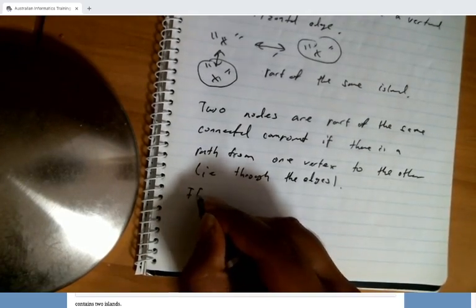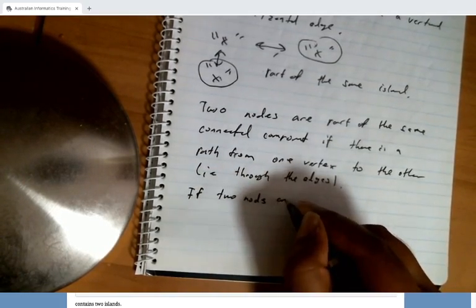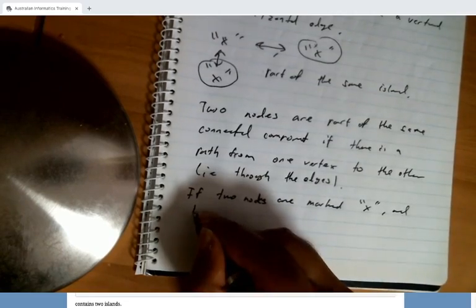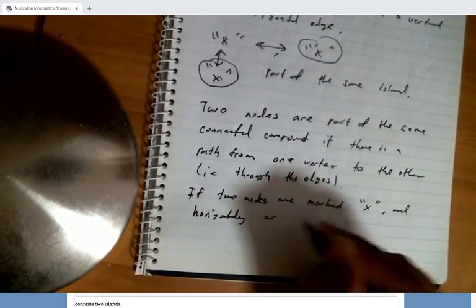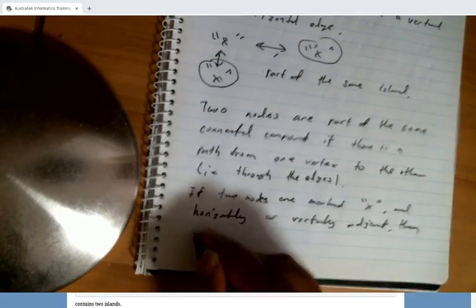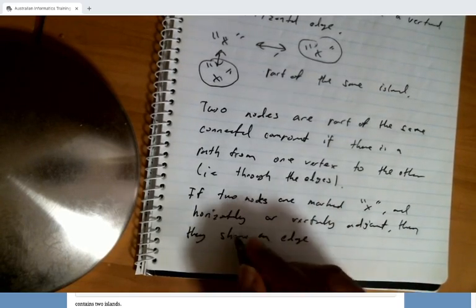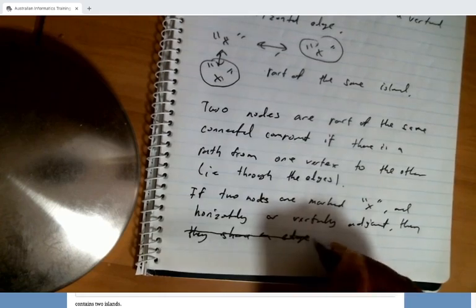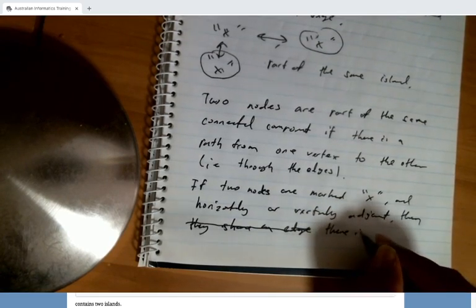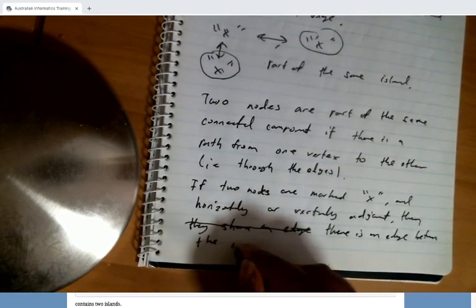If two nodes are marked X and horizontally or vertically adjacent, then there is an edge between the nodes in the graph.